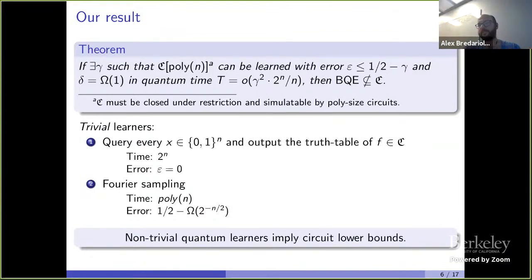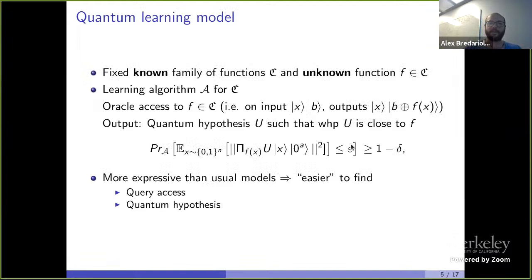Your learning algorithm is just iterate over all possible inputs and collect all the outputs, and with these you can compile a unitary, an exponentially large unitary that computes the function. So this is a valid learning algorithm by what I define here, right? So A is just iterating over all x's, collecting the output, collecting f of x, and outputting this gigantic unitary that computes your function.